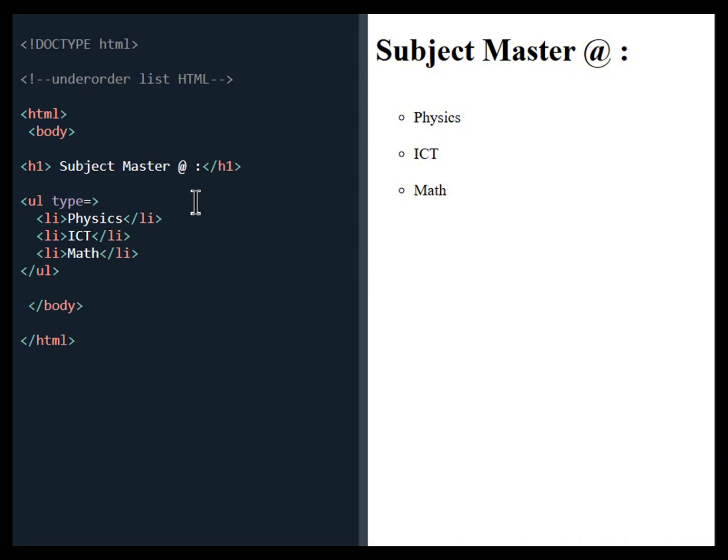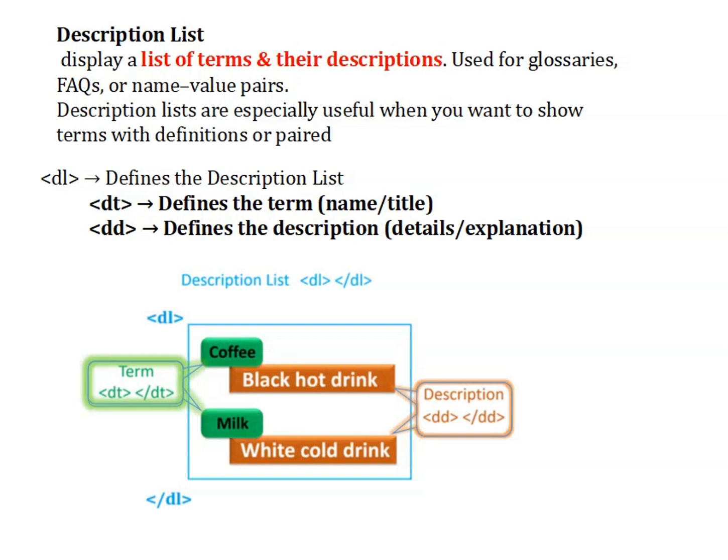And instead of circle, if you write square, then you will get the square. And if you don't write anything, just the UL tag, in that case you will get the disk, I mean the circular disk. So this is the unordered list.